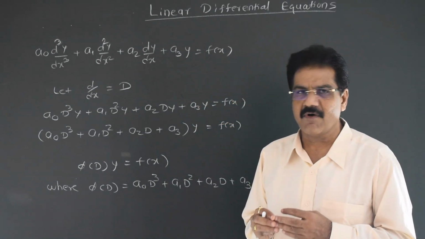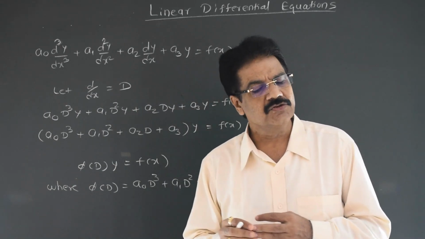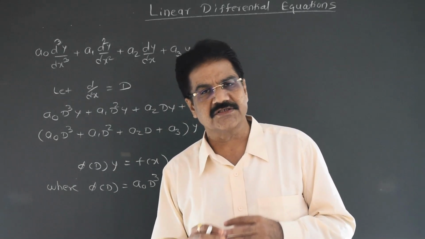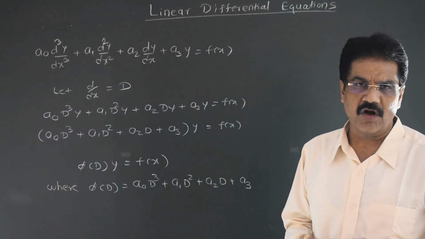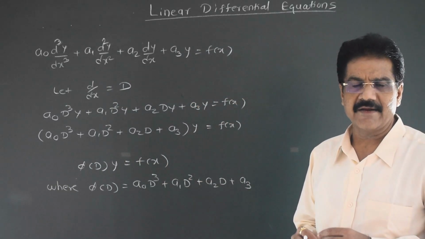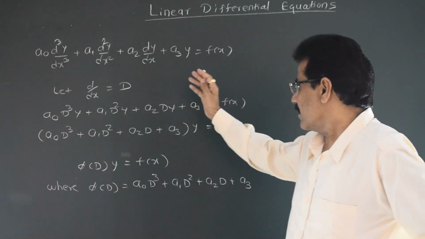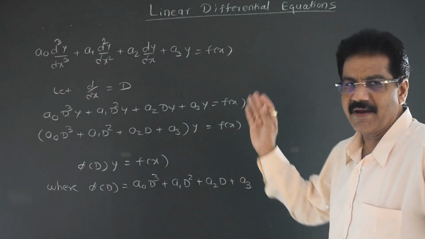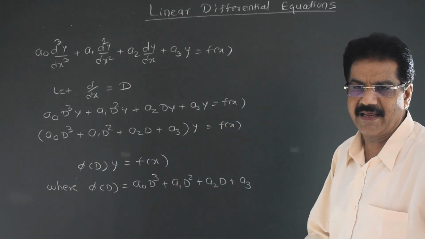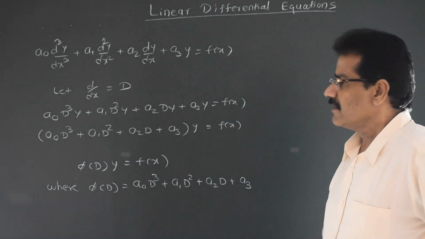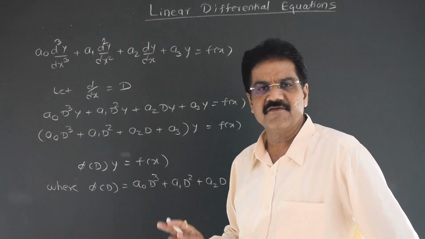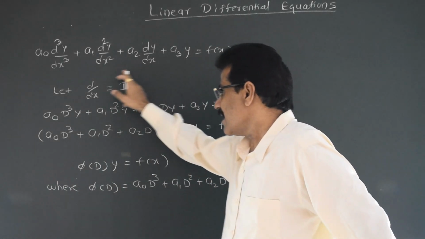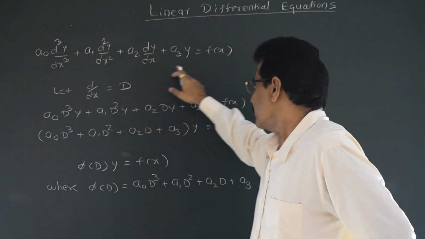If there is a term of the type x dy by dx, then this is not in the category of linear differential equation with constant coefficients. And also there should not be a product of more than one derivative. Here, if dy by dx is combined with d2y by dx square, or d2y by dx square with d3y by dx cube, then this is not called a linear differential equation with constant coefficients. So this is the example of our topic.